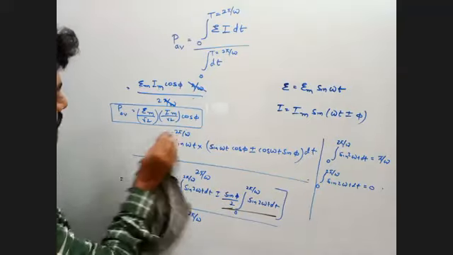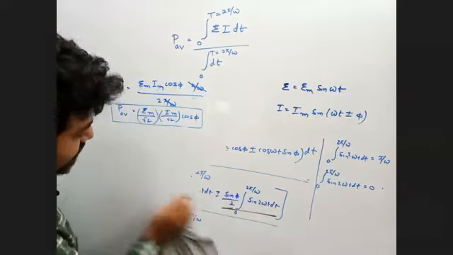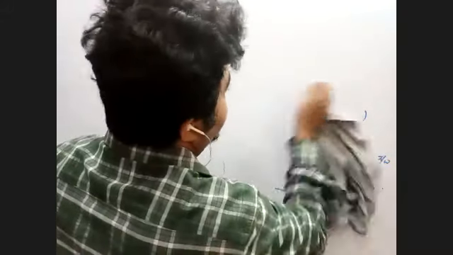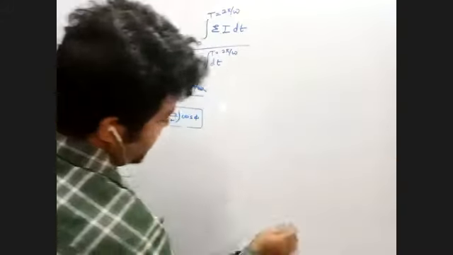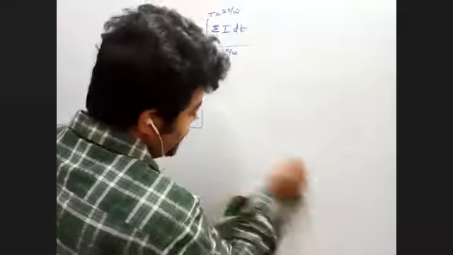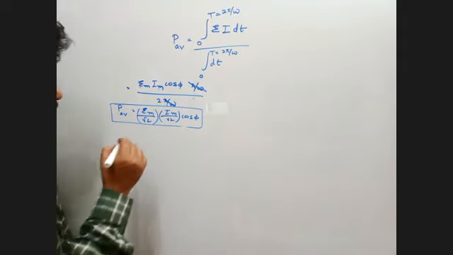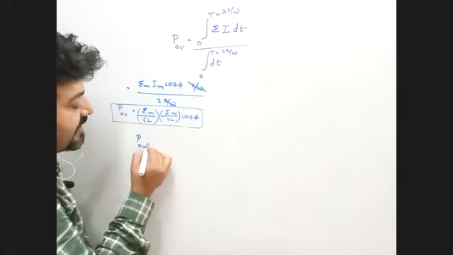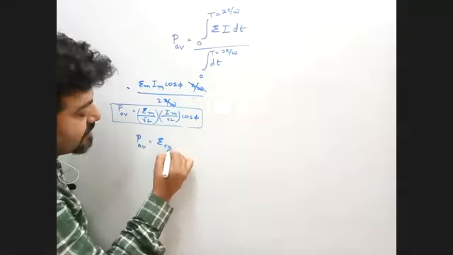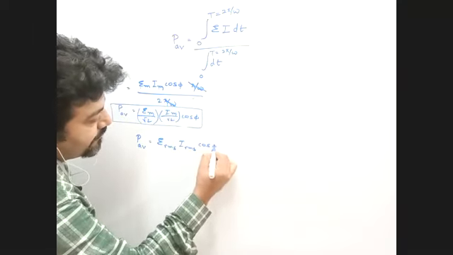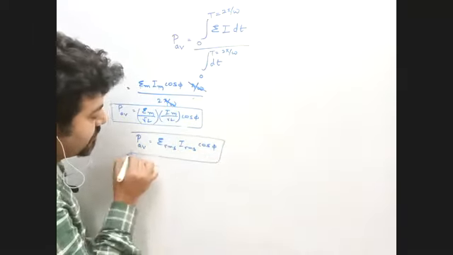So from this, P average is EM by root 2, IM by root 2, cos phi. We know EM by root 2 is E RMS, and IM by root 2 is I RMS, so P average equals E RMS times I RMS times cos phi, which is very, very important.